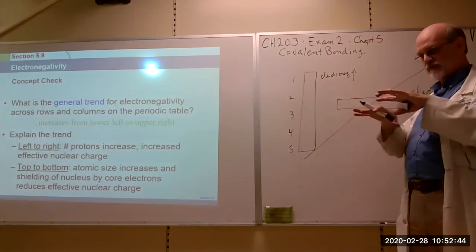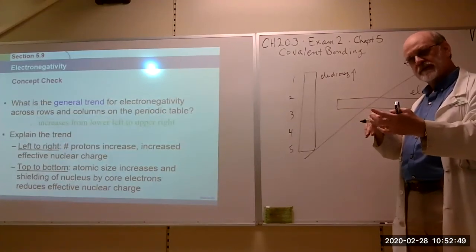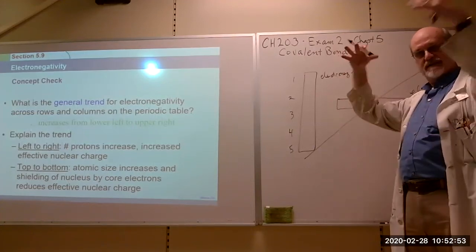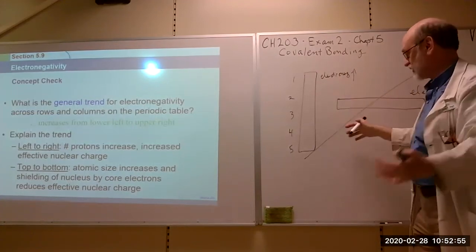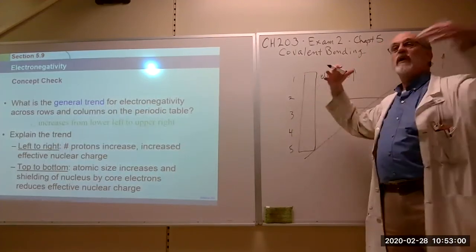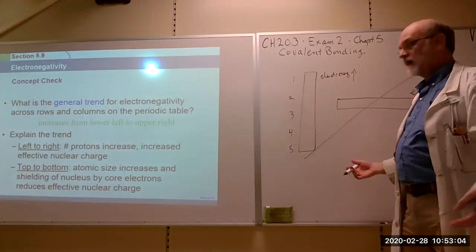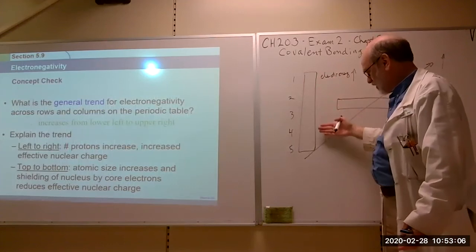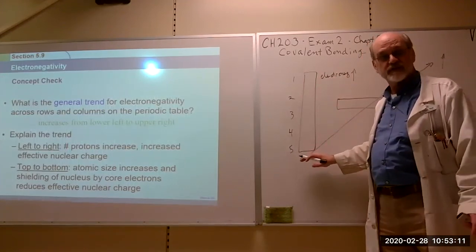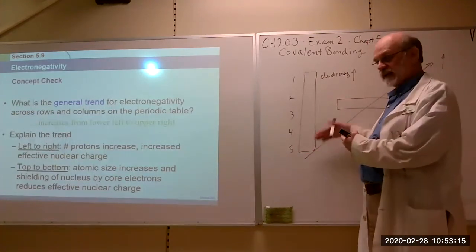The core electrons are building up inside, and they're shielding that positive charge that you're adding in the nucleus from being felt in the outer regions. So we're adding electrons, yes, but we're adding way, way, way farther from the nucleus, so they just don't feel the charge. And so as you go down, these valence electrons out there don't feel the positive charge as much. So the electronegativity decreases.